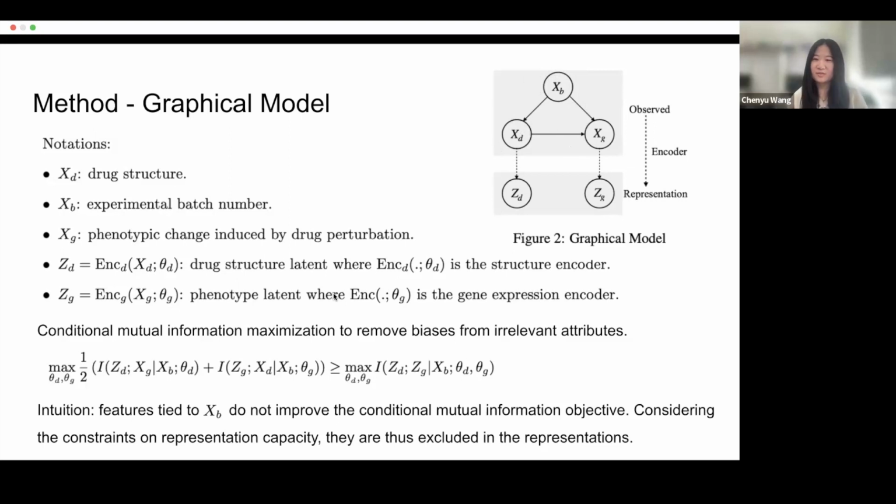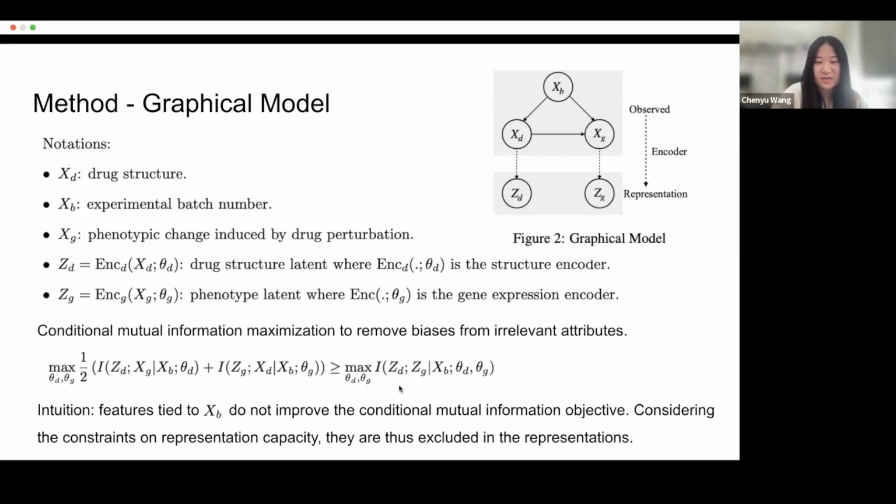So to solve this problem, we propose to optimize a conditional mutual information objective instead of the mutual information unconditioned on batch, to remove the biases from the irrelevant attribute of batch numbers. So briefly speaking, we want to maximize the mutual information between the two latent representations conditioned on the batch number.